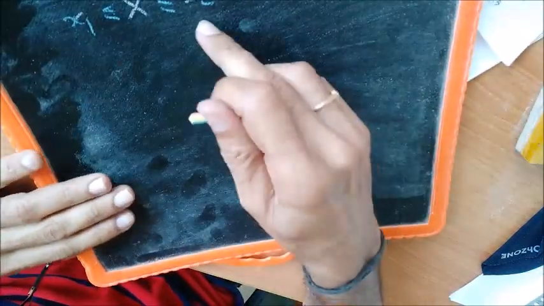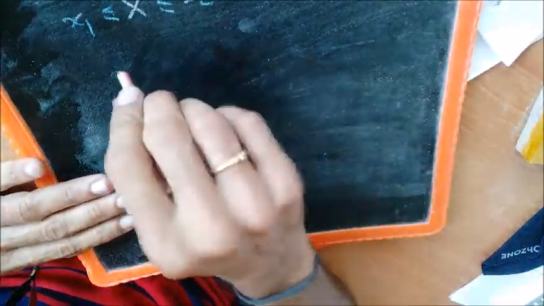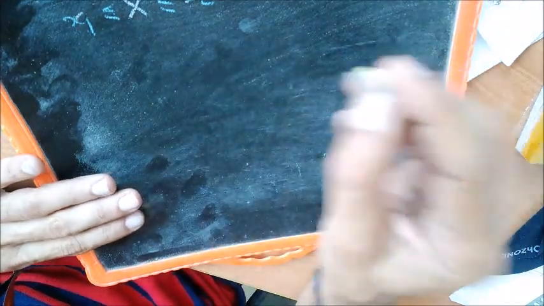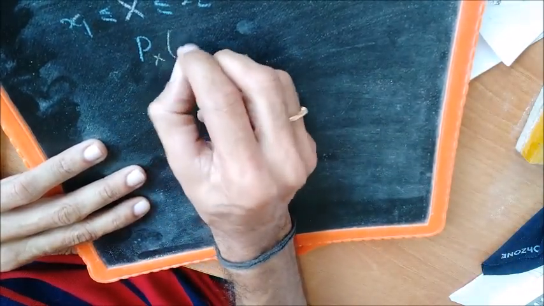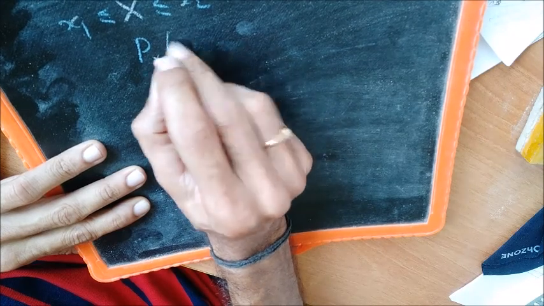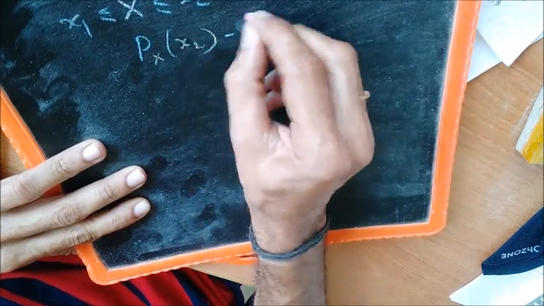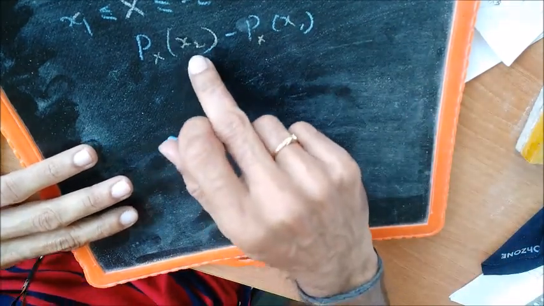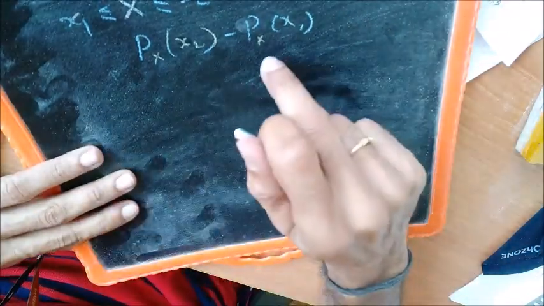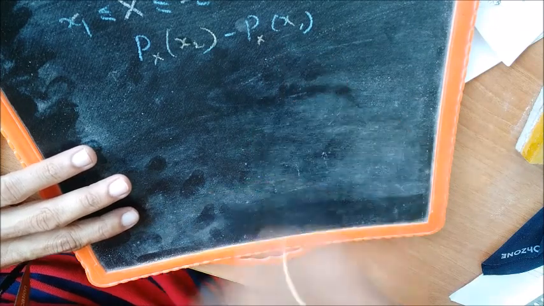Of course, minus infinity to x is also a range, but to be more specific, a finite range of values. We know that this is expressed as the probability of the random variable lying below x2 minus the probability of the random variable lying below x1.